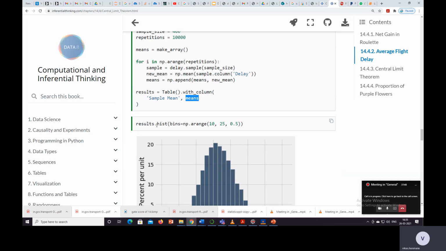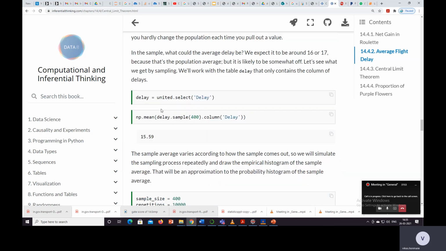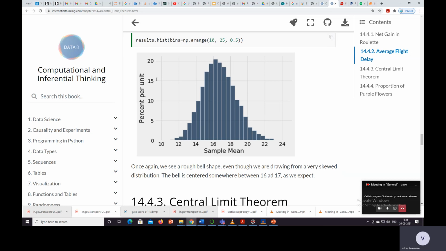Okay, and if we draw the histogram, we can see here that the population mean is 16.165. In the middle part, if we consider the frequency here, 22% of the time this value has occurred, and it is just a few points away, like 14, 12, 18, 20.